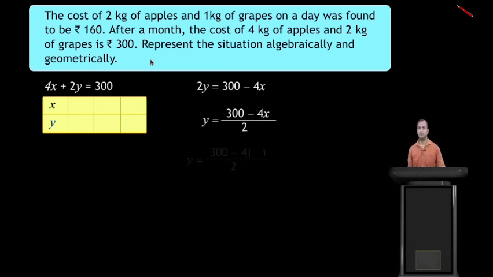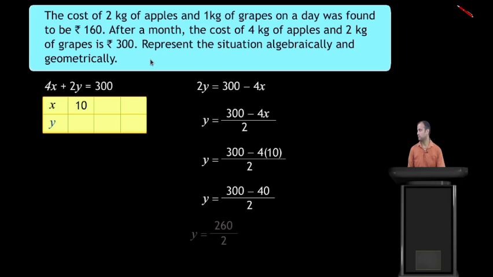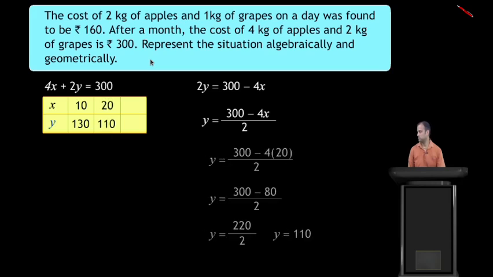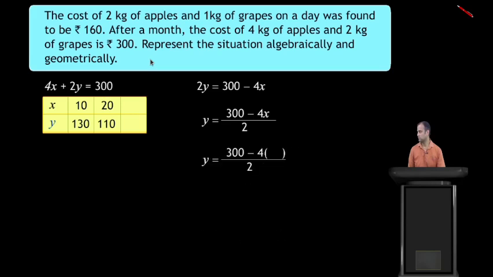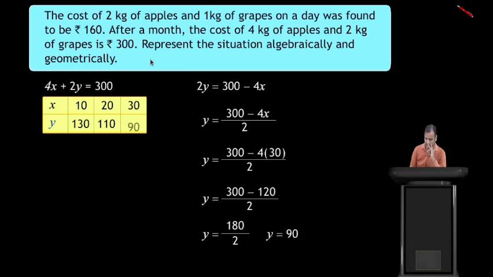For the next one, we can find the points. If we put x equals 10, it is 100 minus 40 upon 2 and y equals 30. If x equals 20, that is 110. If it is 30, then we have y equal to 90.